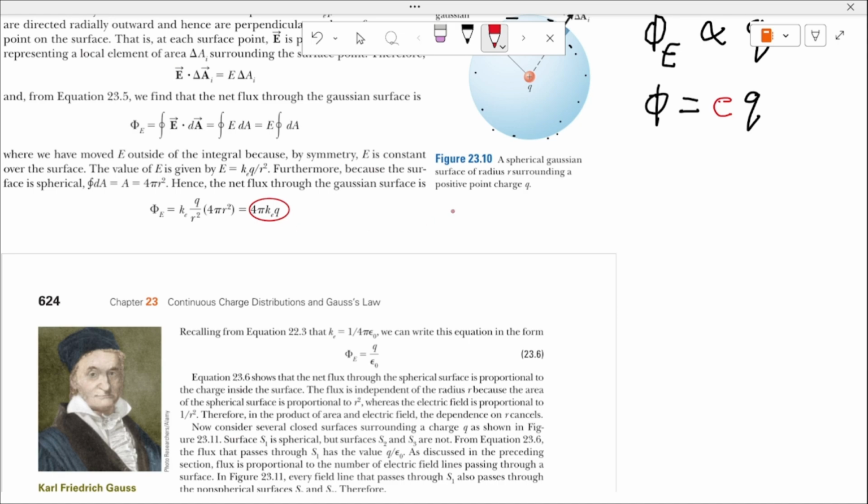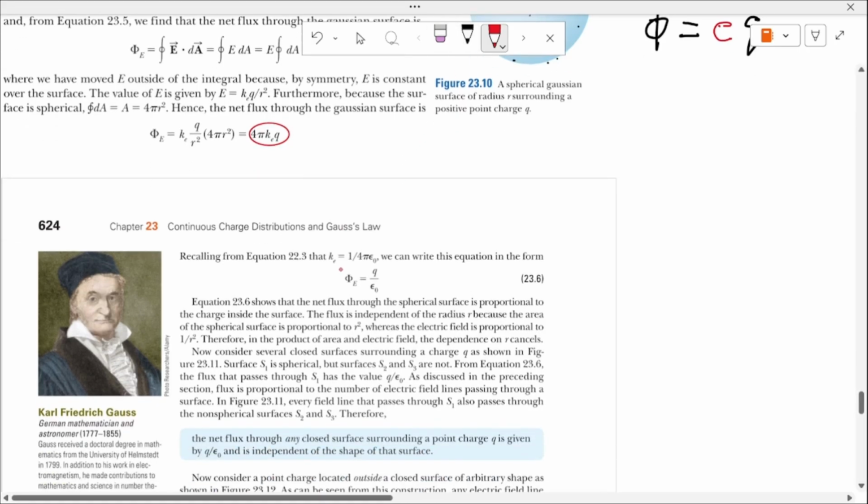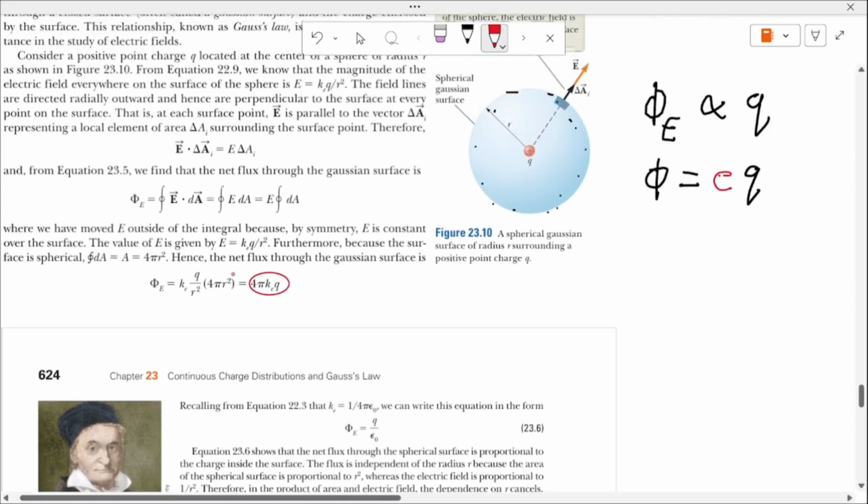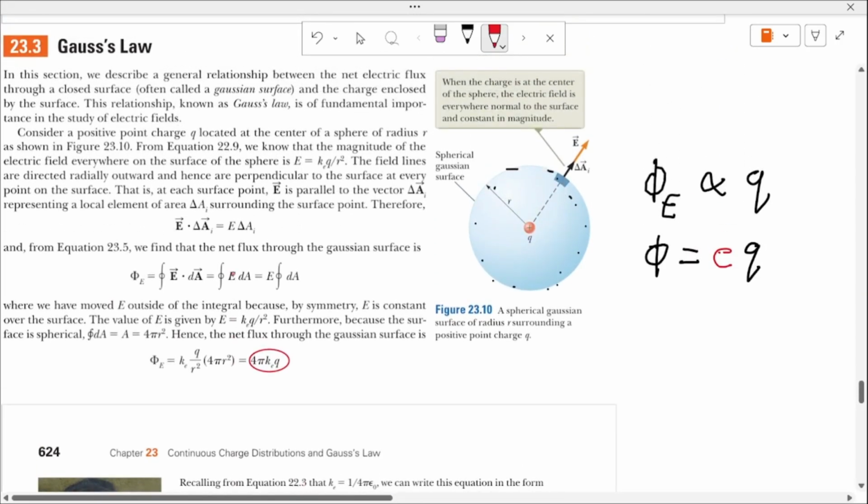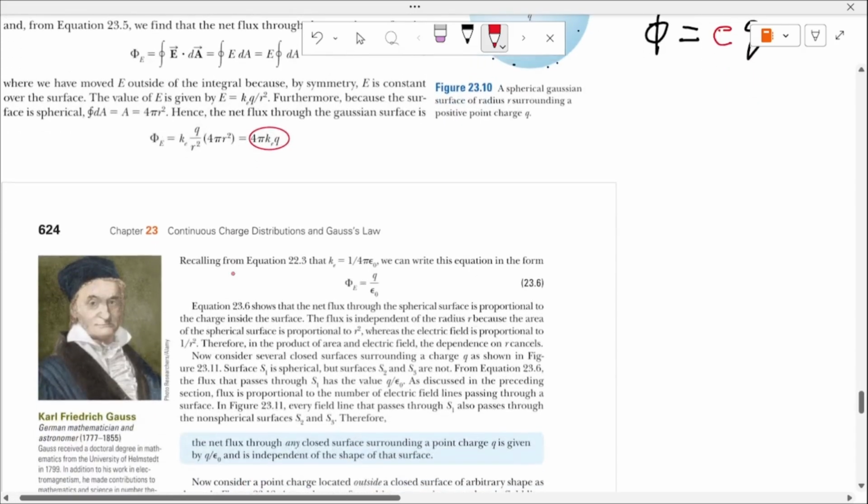And 4 pi k is equal to 1 over epsilon sub naught. Therefore, Gauss's law: the electric flux through any closed surface is always equal to the charge inside the surface divided by epsilon sub naught, which has a value of roughly 8.8 times 10 to the minus 12th.